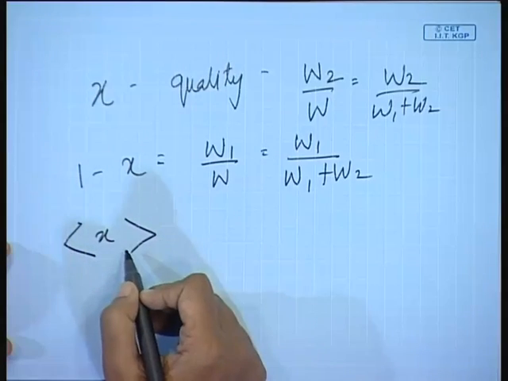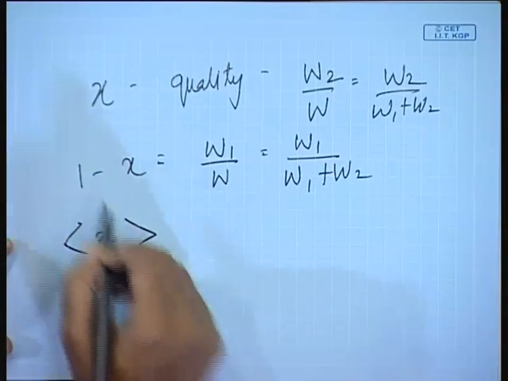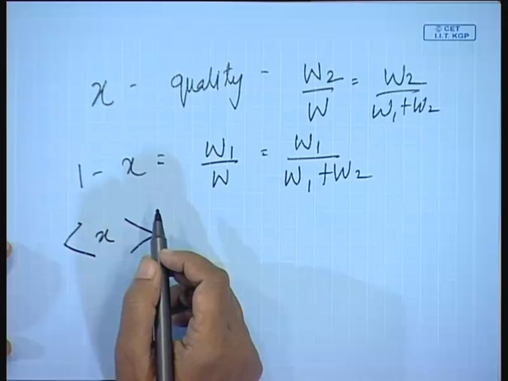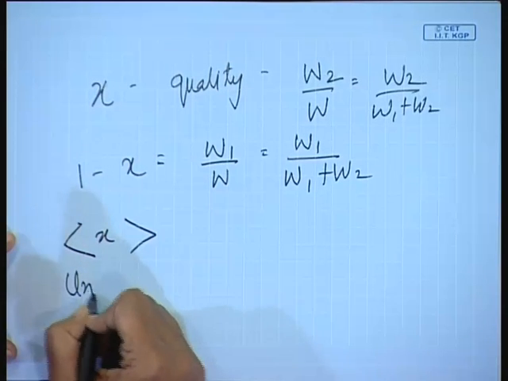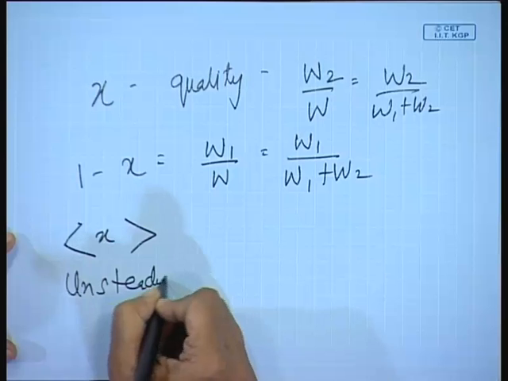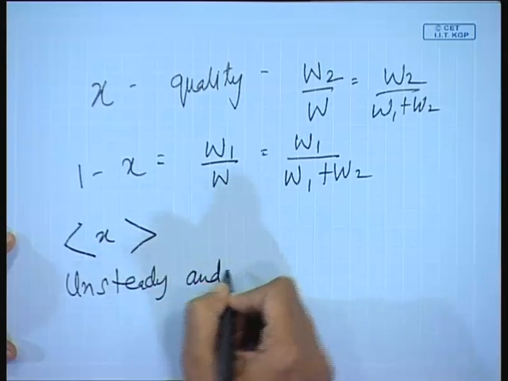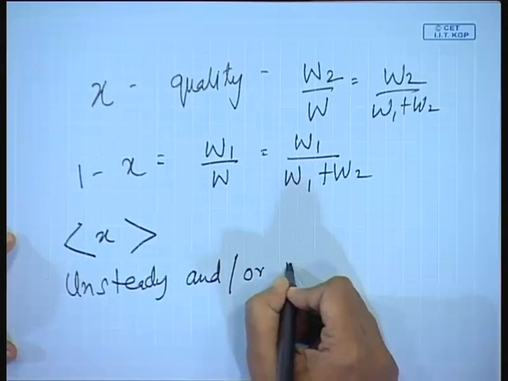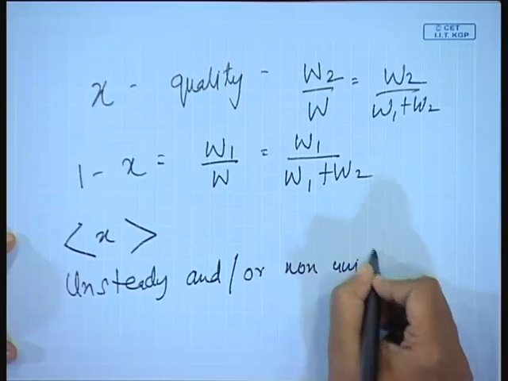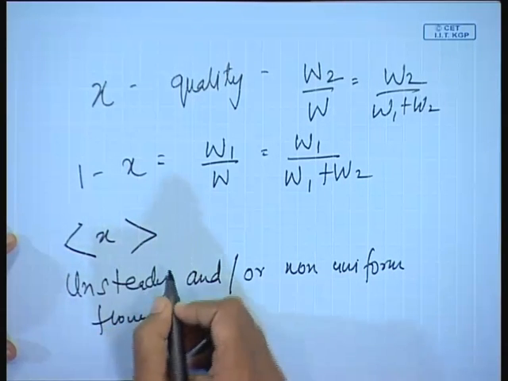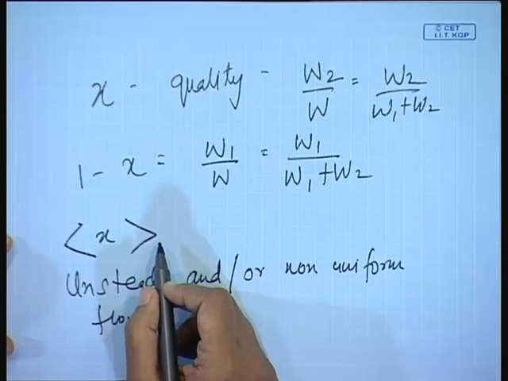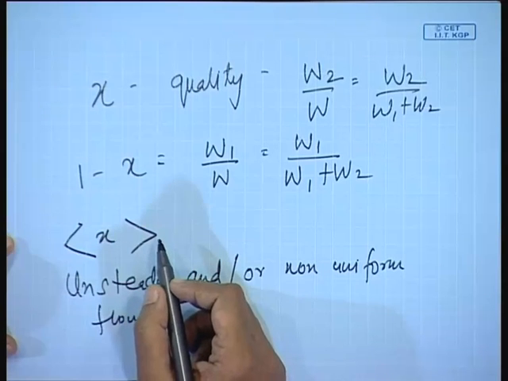Under normal circumstances, we do not put these brackets, and we assume that x refers to the average property itself, but when we have unsteady and or non-uniform flows, under such circumstances x has to be subjected to averaging.